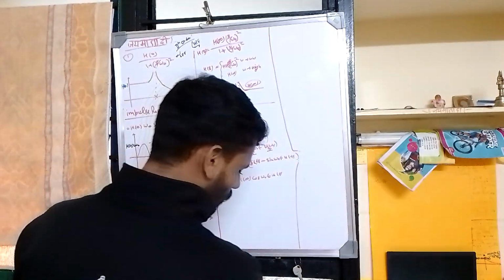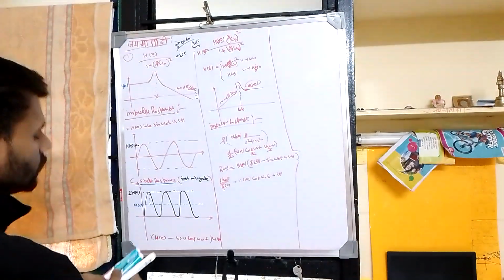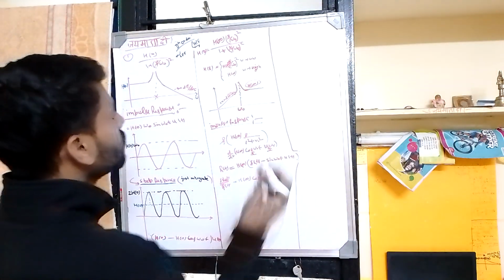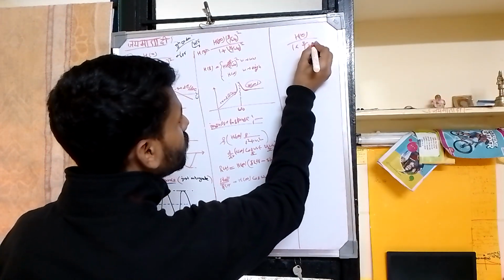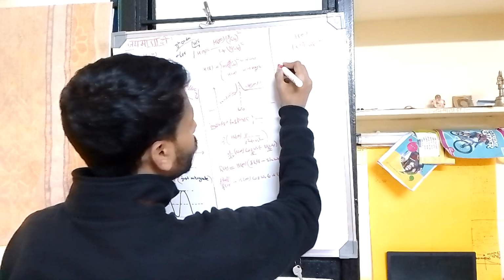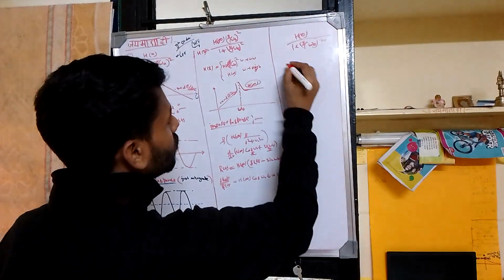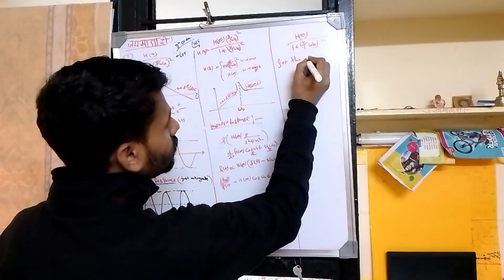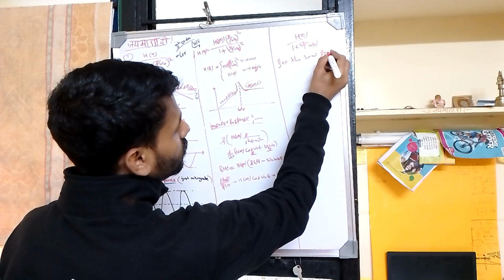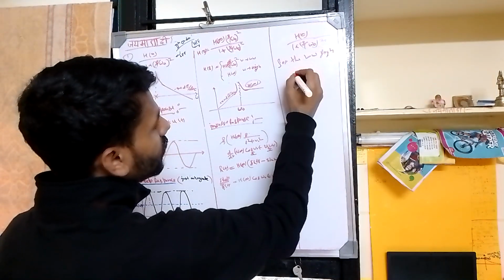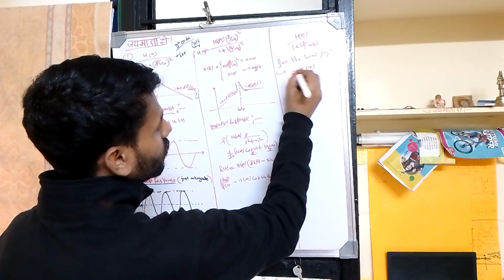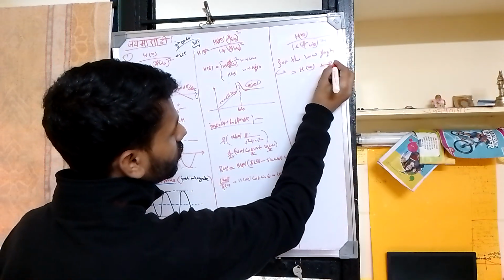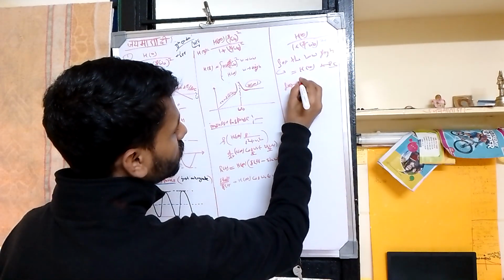After that, let us look at the Bode plot for this transfer function. For low frequency, it is H(0), the DC gain only.